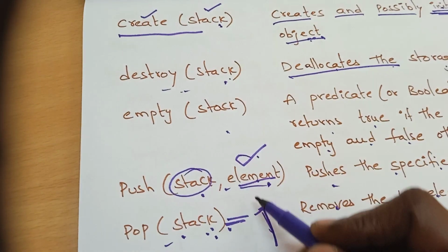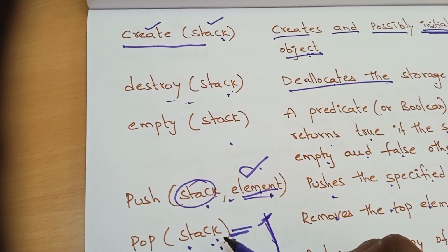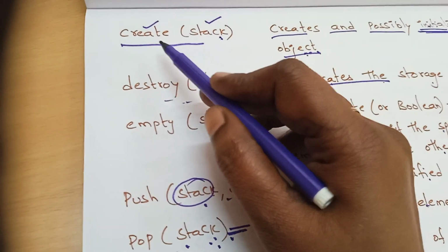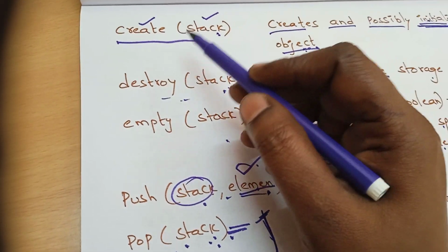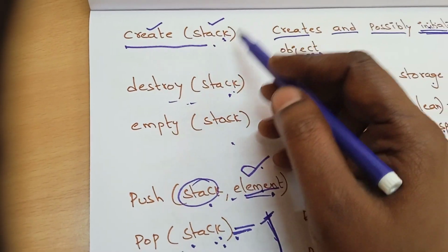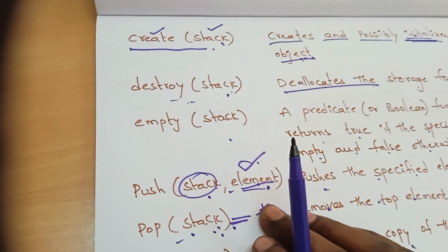All these are ADTs because the specification part is visible and accessible, but the implementation is hidden. Hence this is an example of a Stack ADT.